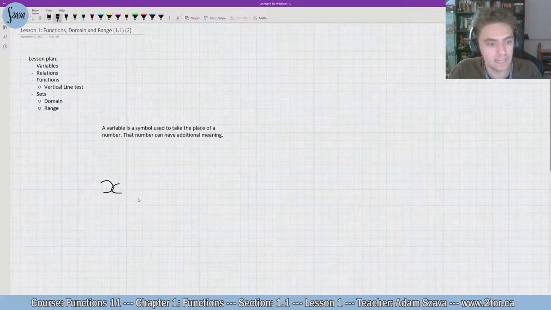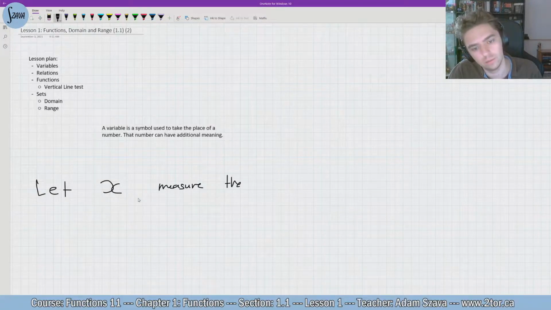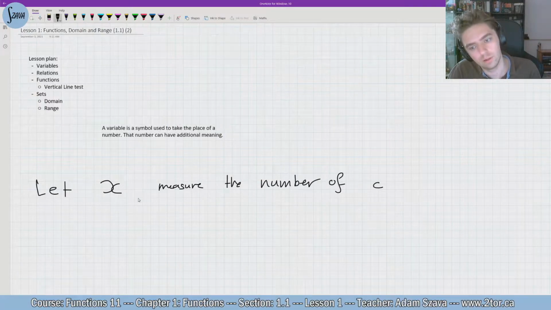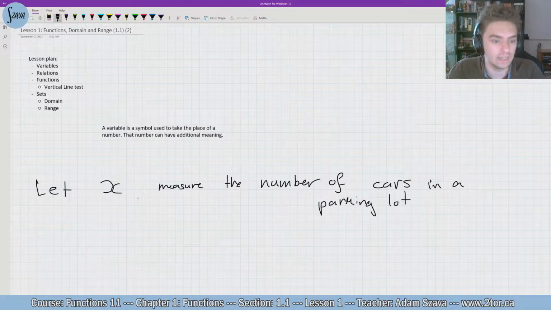But if I say let x describe or let x measure the number of cars in a parking lot, right? In whatever parking lot. Well, now it has additional meaning. It's any number, but it's also the number of cars in a parking lot, right?